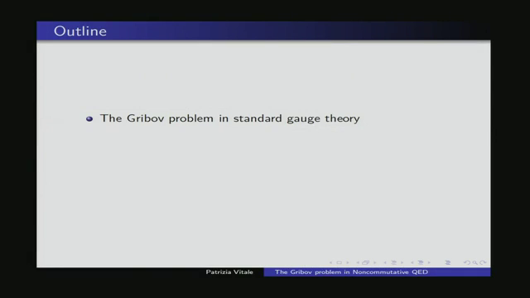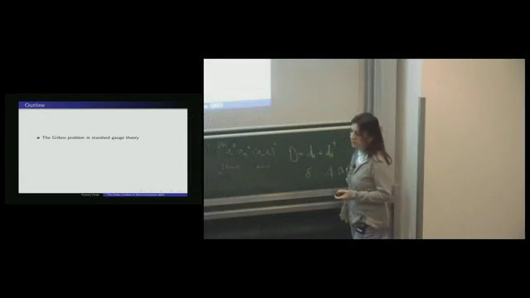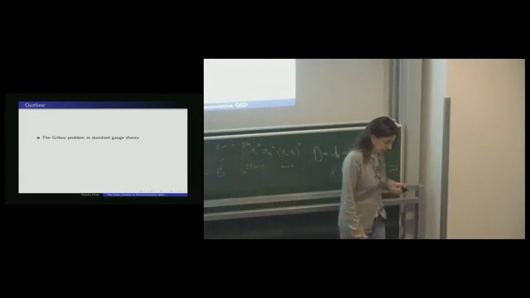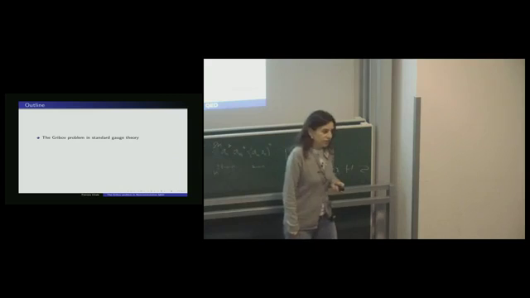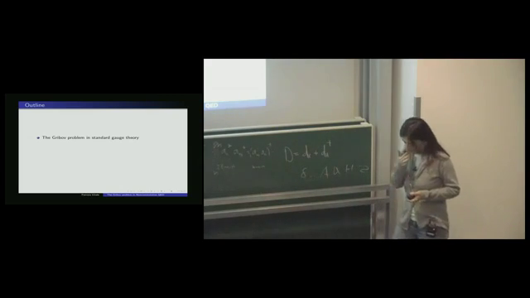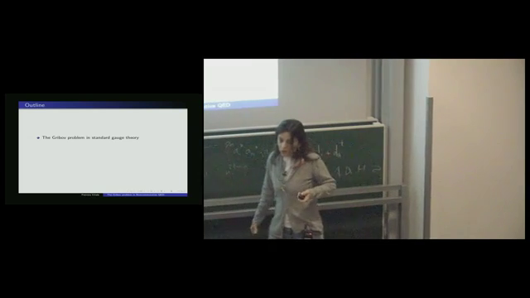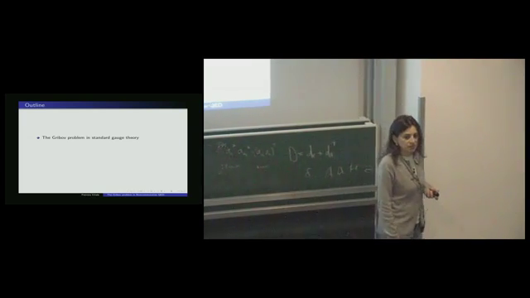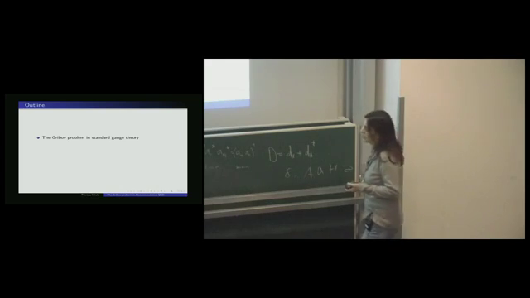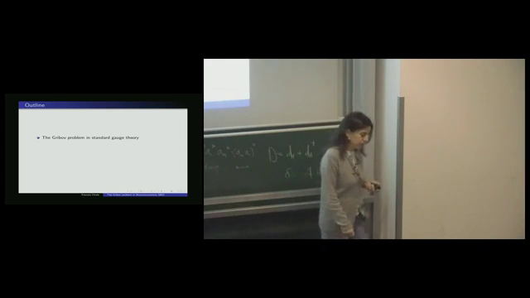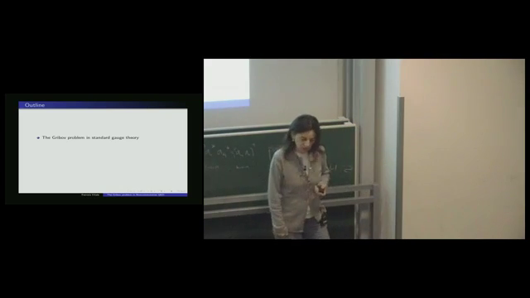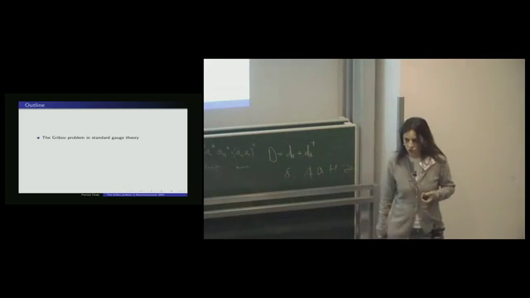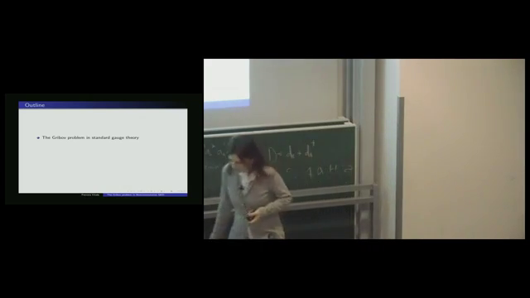Okay, so what I will do first is to review what is the Gribov problem in usual, commutative gauge theory, because I imagine that not everybody is familiar with it. So I apologize to those who know what the problem is. I will first describe the problem the way physicists see it, and then I will try to give a geometric picture of the problem.